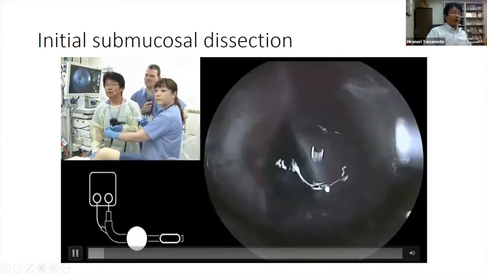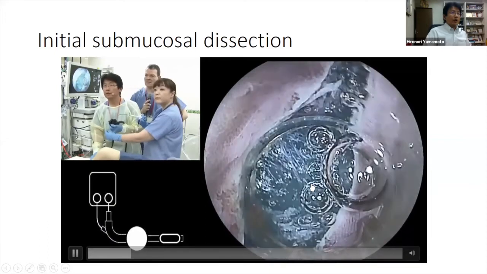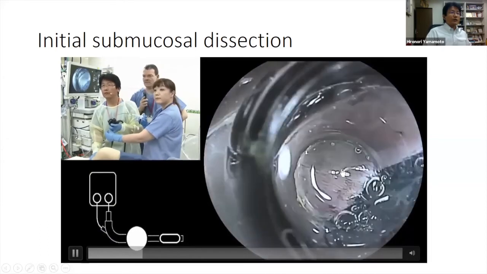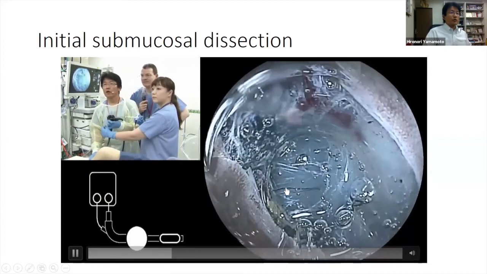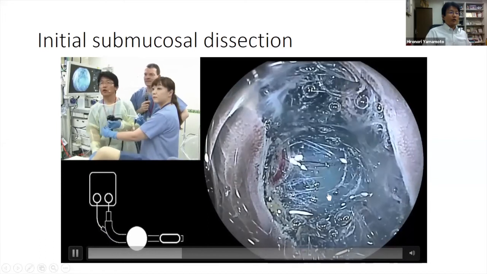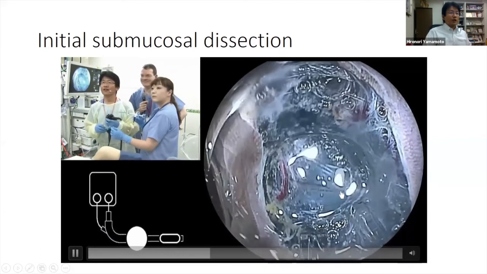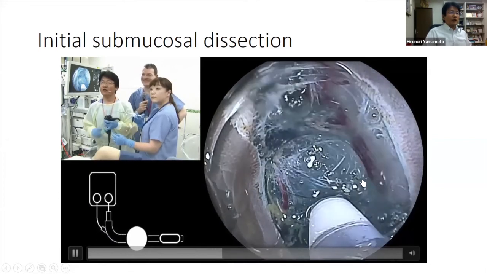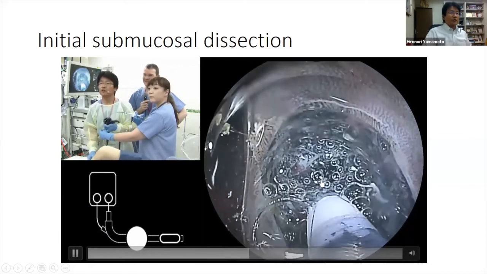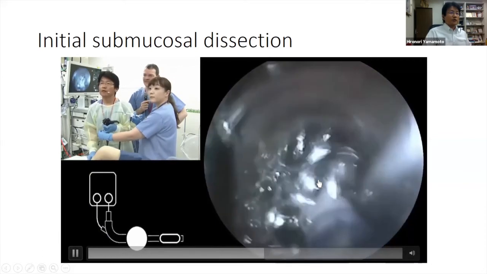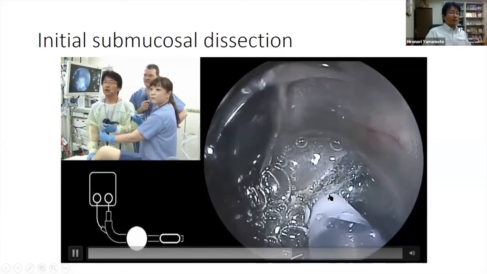Then I use water jet, and lift up the mucosa with the tip of the ST hood. Then I can go into the submucosal space. And the muscle layer, I can see through the muscle layer and change the direction to the safe direction, and submucosal dissection can be performed.